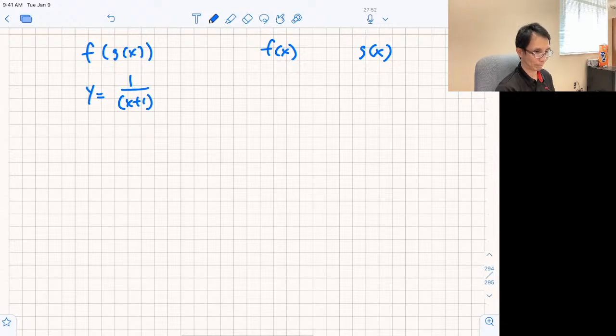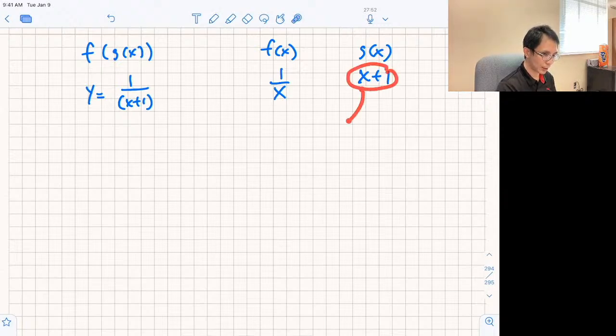Anyone? That's a great question. Okay, Kevin? Would g of x be x plus 1 and f of x is 1 over x? G of x is x plus 1, yep, and f of x would be 1 over x. Does that make sense? Because technically, can I replace this into here?